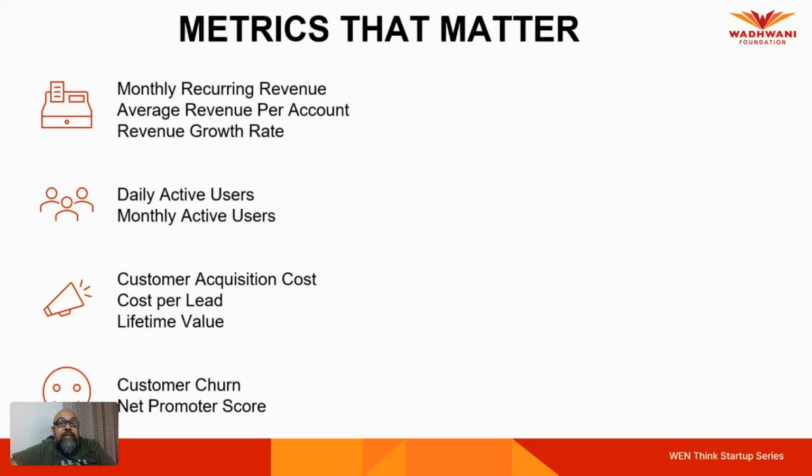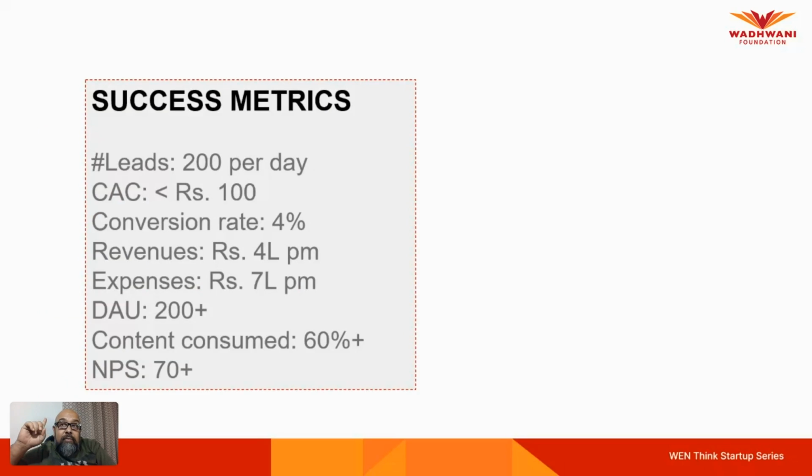The question is now that our AR/VR company put up these success metrics. They said that they want to ensure that there are at least 200 new leads every day. The CAC should be less than 100 rupees. CAC is customer acquisition cost. Conversion rate: if they've got 200 leads, then out of those 200, at least about 8 people should be converted.